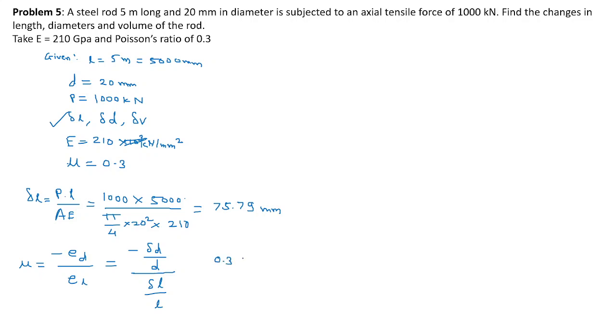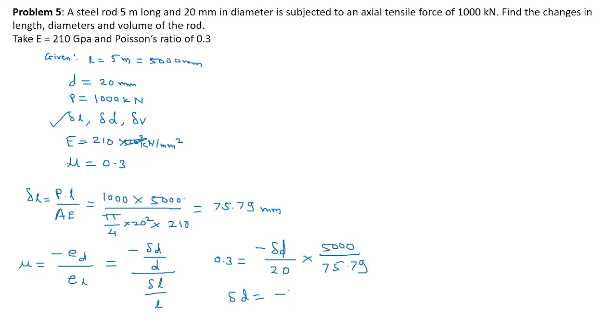So 0.3 is equal to negative of delta D upon D, which is 20. Then we convert that division into multiplication, so multiply by L by delta L. It will be reversed. L is 5000 divided by delta L, which we found earlier, 75.79. Delta D we can calculate with a calculator.